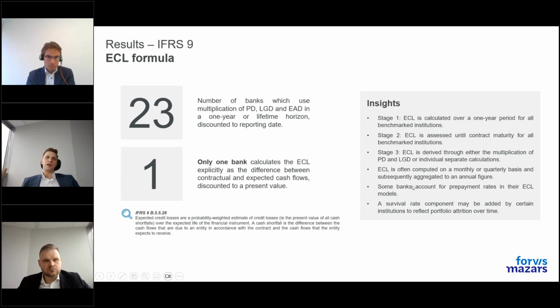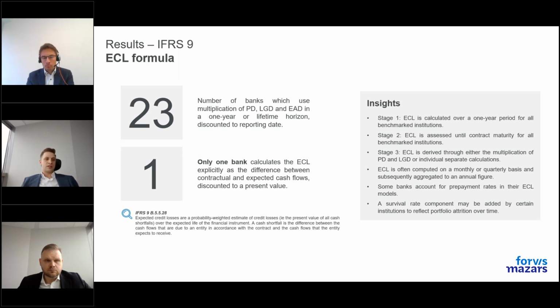So this second term is already including the credit risk. By subtracting those 2 terms, you obtain the expected credit losses. And there is only 1 bank which follows explicitly this formula. So for all exposures, they are calculating contractual cash flows, then expected cash flows with inclusion of credit risk, and they are discounting into the present value.